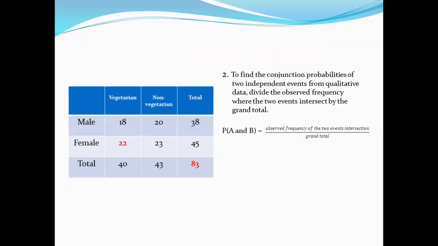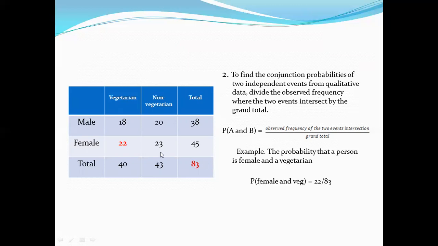Okay, next case. This is to find the conjunction probabilities of two independent events from qualitative data. Divide the observed frequency where the two events intersect by the grand total. This time, we're looking for the probability that A and B occur. Let's have this example: we're asked to get the probability that a person is female and a vegetarian.